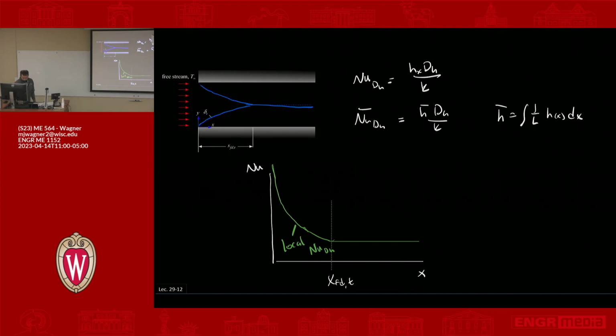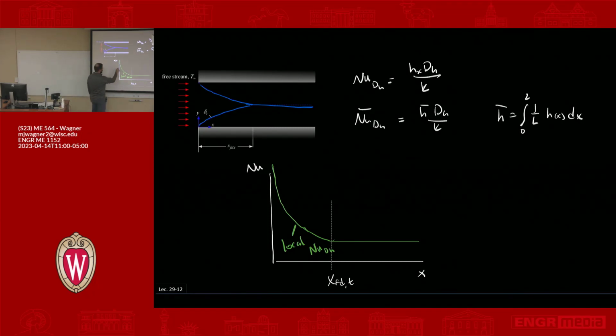What about the average? The average always has to take the integral from 0 to L. So we're always going from 0 to L, remembering that at 0, my local heat transfer coefficient is approaching infinity.